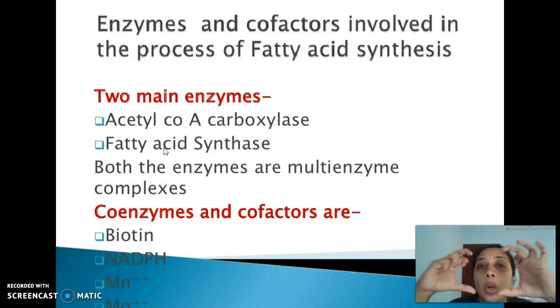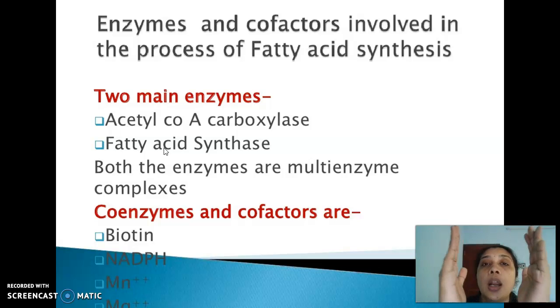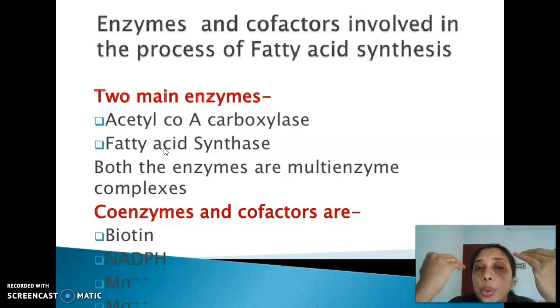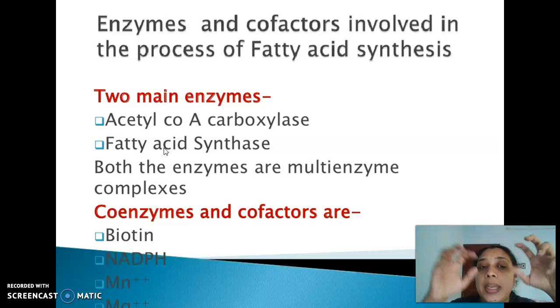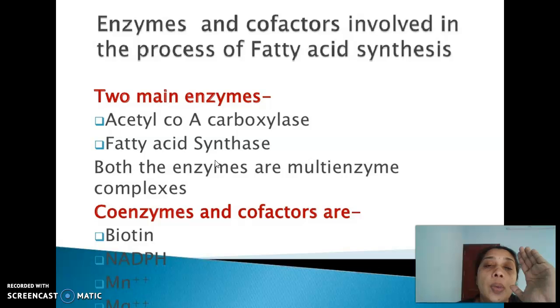So two monomers are arranged in an adjacent manner, in a side-by-side fashion, in a head-to-tail fashion again, to carry out the synthesis of fatty acids. Clear. So the multi-enzyme complex, the fatty acid synthase complex, consists of 7 autonomous enzyme units. We can name them as E1 to E7.